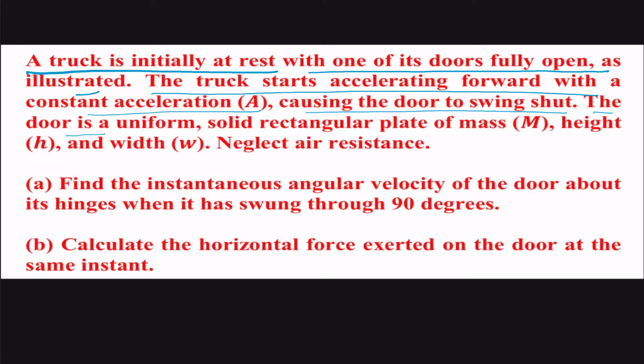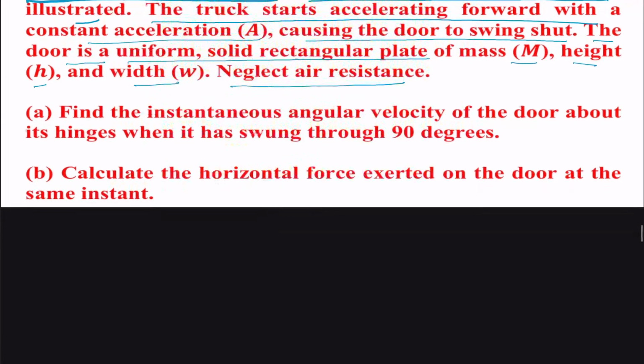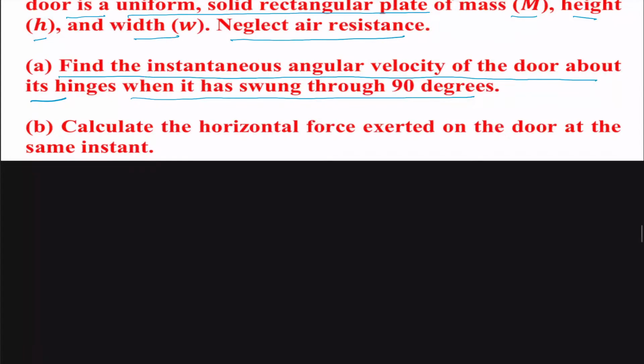The door is a uniform solid rectangular plate of mass m, height h and width w. Neglect the air resistance. So based on this we are having two questions. First is find the instantaneous angular velocity of the door about its hinges when it has swung through 90 degrees. And part B, calculate the horizontal force exerted on the door at the same instant.